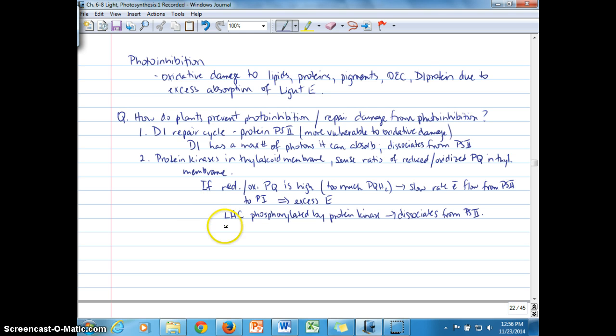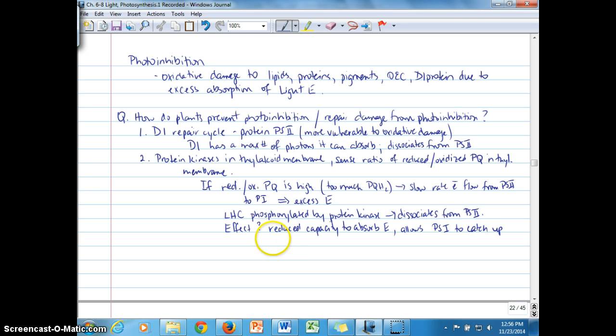What is the effect of the light harvesting complex dissociating from photosystem 2? Well, there's a reduced or limited capacity to absorb energy in photosystem 2, which allows photosystem 1 to catch up, to balance the electrons moving through.